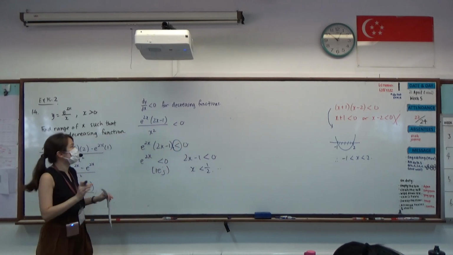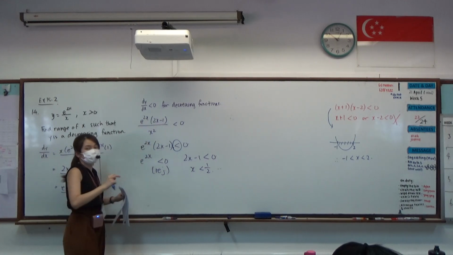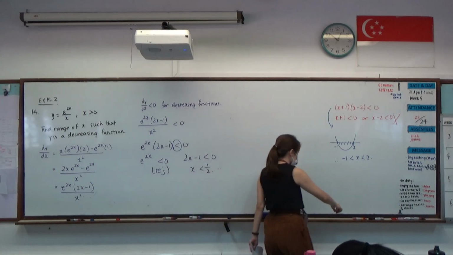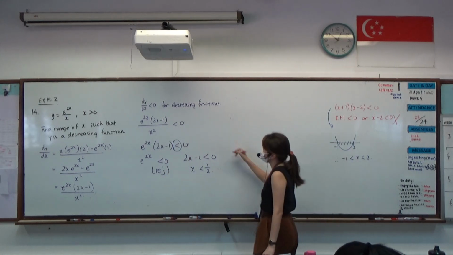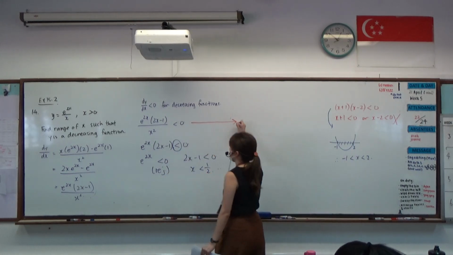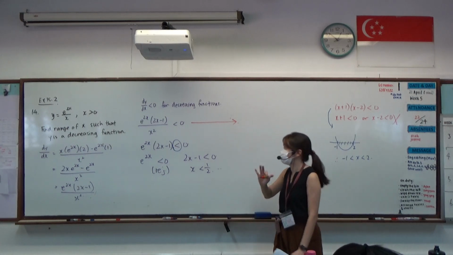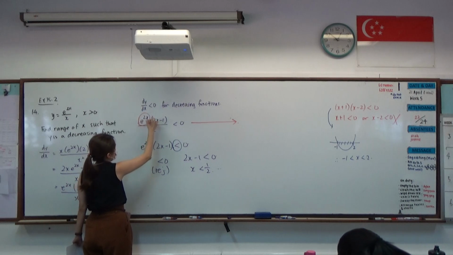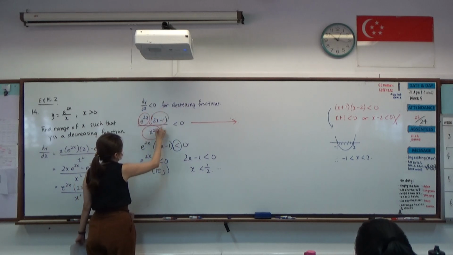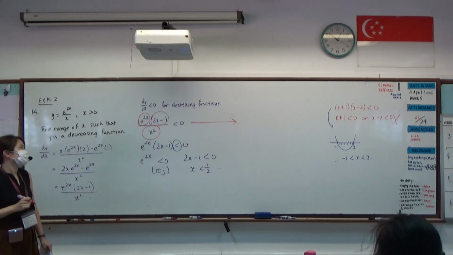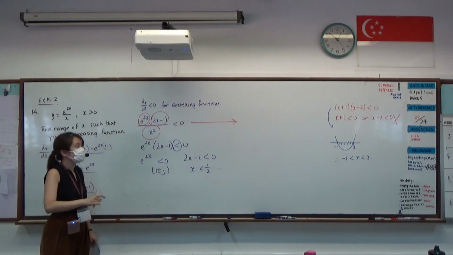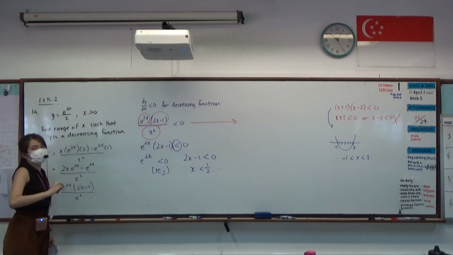So we need to look at the function factor by factor. The correct approach is to look at three different factors contributing to the entire expression. We see that this is e to the power of 2x. The question told us that x is always more than 0.